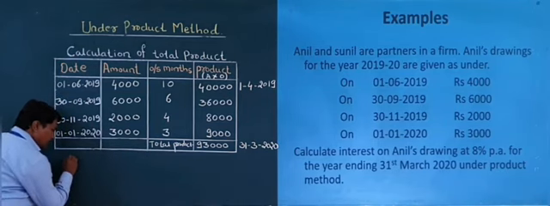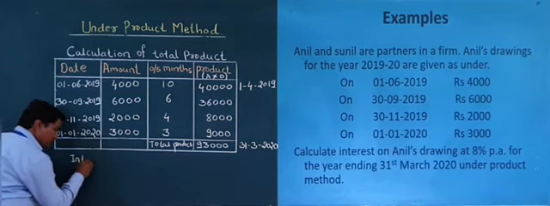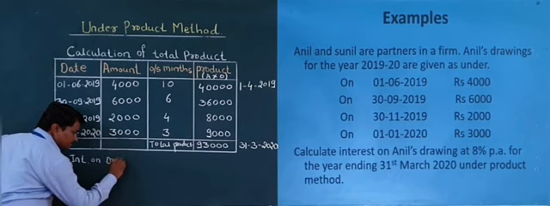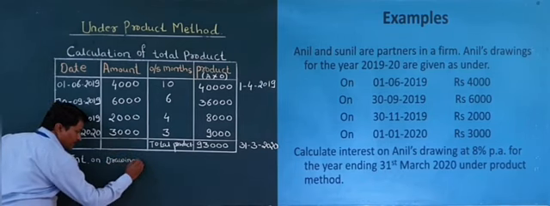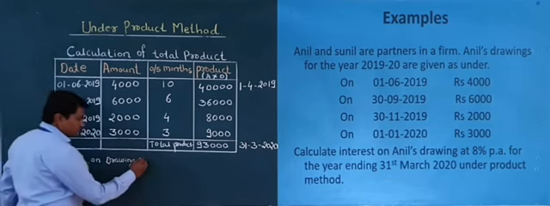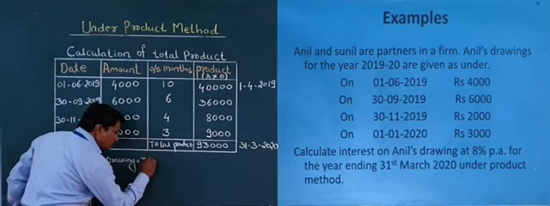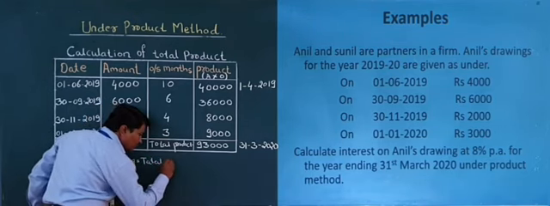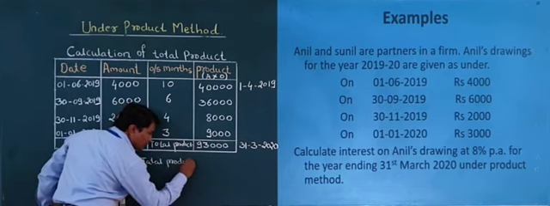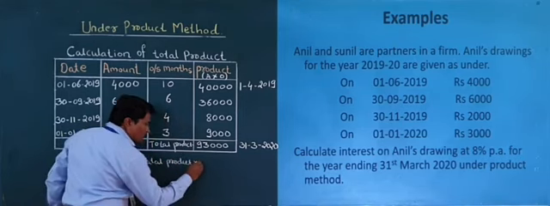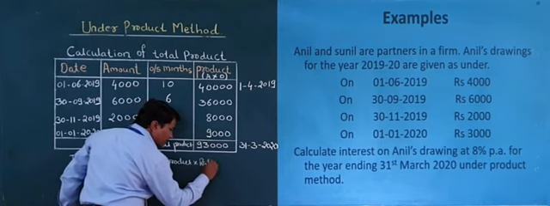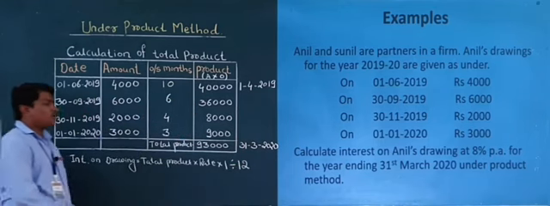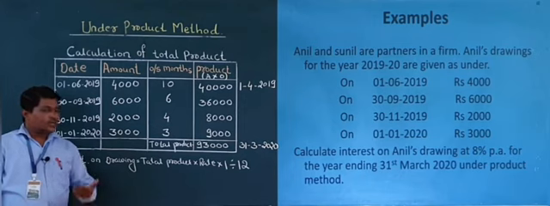So I will write here: interest on drawing is equal to total product into rate into 1 divided by 12. This is the formula for calculation of interest on drawing under product method, as you know already.